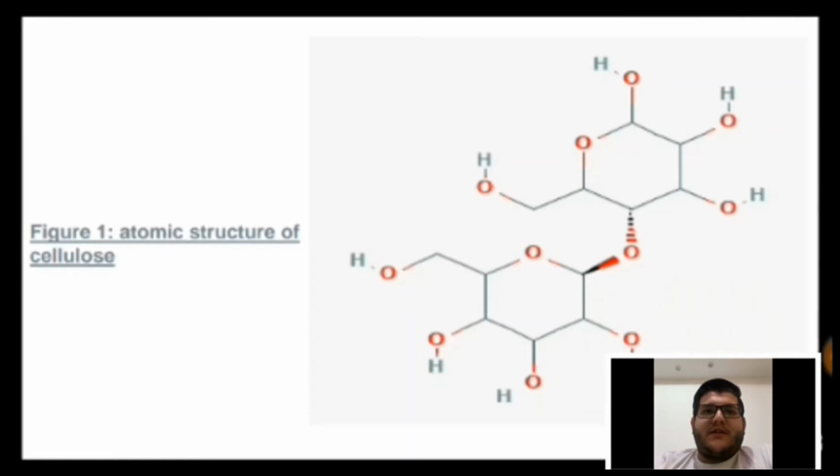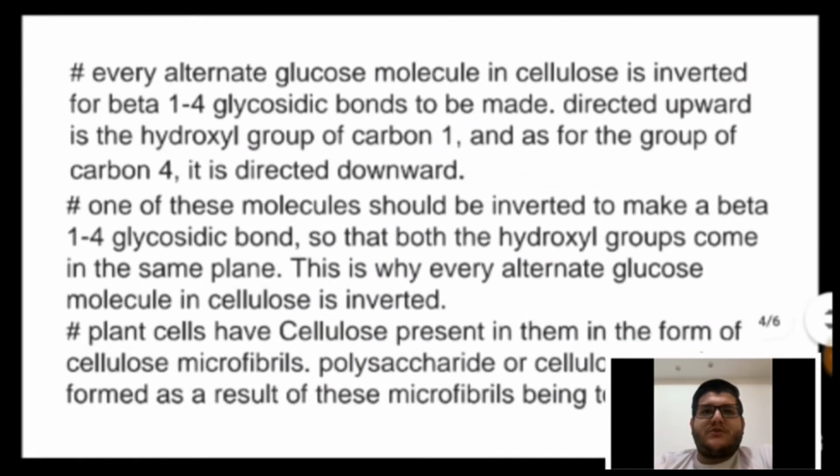Every alternate glucose molecule in cellulose is inverted for the beta 1-4 glycosidic bonds to be made. The hydroxyl group of carbon 1 is directed upward, and as for the group of carbon 4, it is directed downward.